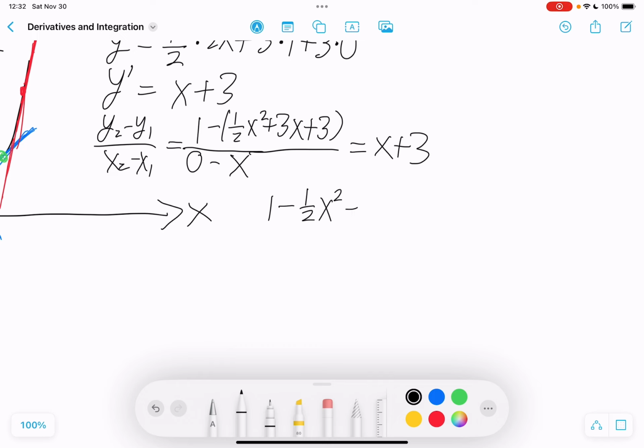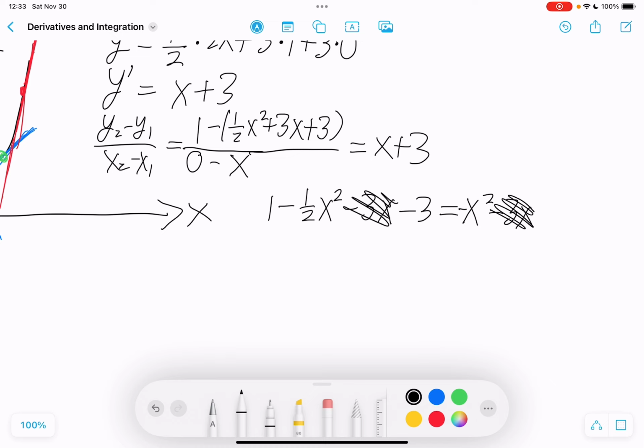If we remove the brackets, we have this equals negative x squared minus 3x, because if we multiply both sides by negative x, there will be no denominator. And secondly, we notice the negative 3x's on both sides cancel out.